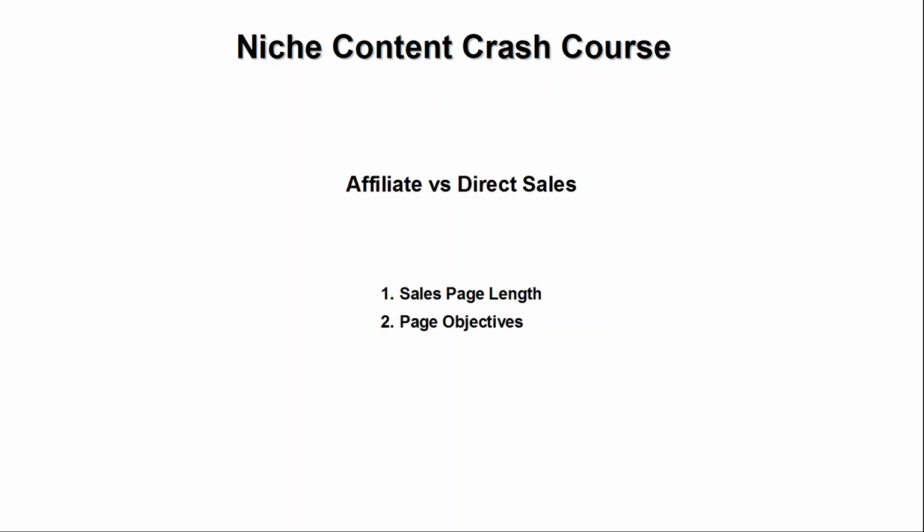The way you structure your writing, the way you structure and even place different pieces of content, where you put your advertisement or your buy button, can have a drastic effect on whether or not you are able to accomplish these objectives. Because remember, with an affiliate review page, your objective, while it may be to try to refer a sale, ultimately you just want to convince the person to click on your affiliate ad. But with a sales page, you need to convince them to actually buy the product.